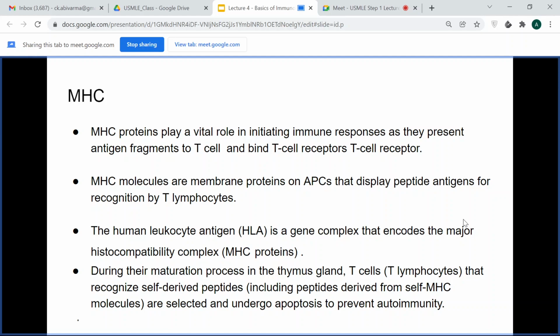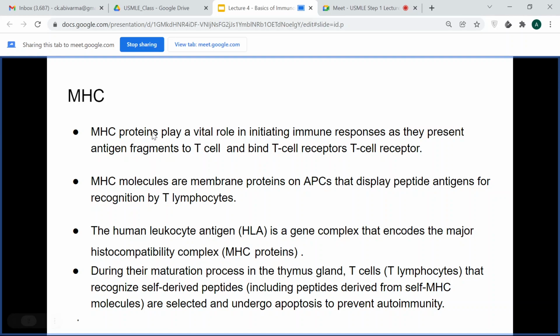Obviously, if you have twins, or artificially created clones, then you can have similar MHC molecules. Twins cannot be fraternal, they have to be identical twins. In that case, their MHC molecules are similar, and they can transplant tissues to each other without any immune consequences.